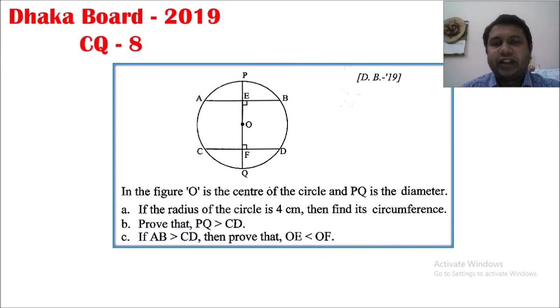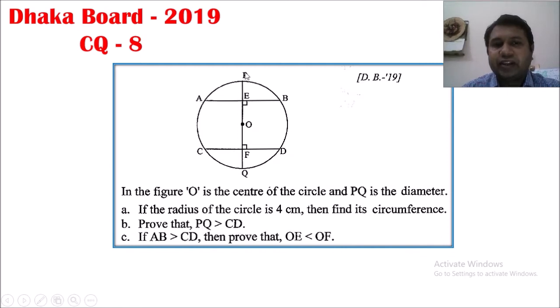I think you can see in the figure, O is the center of the circle and PQ is the diameter. If the radius of the circle is 4 centimeters, then find its circumference. Question B: prove that PQ is greater than CD.